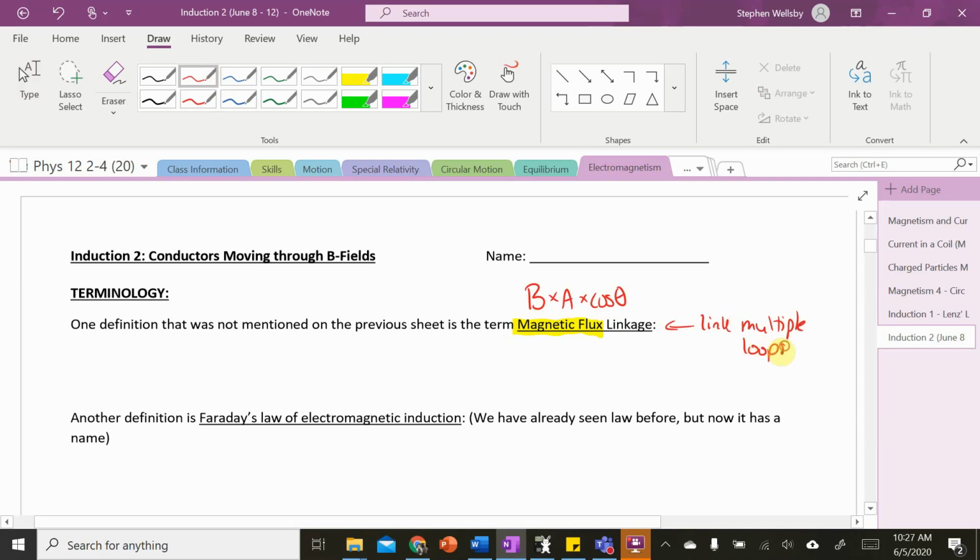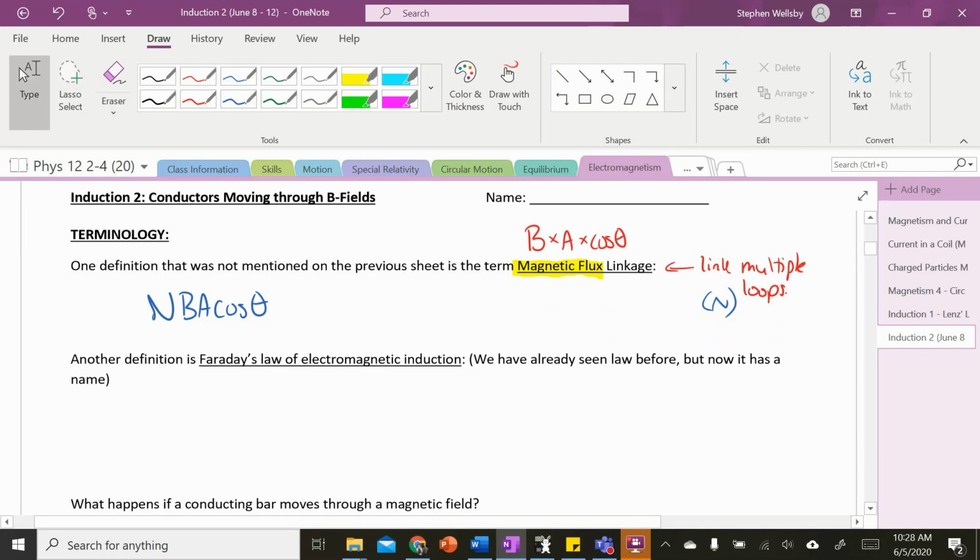In other words, we're looking at coils, multiple coils or solenoids. And so the formula is just the same as before, but we're adding in the N. So where magnetic flux is BA cos theta, magnetic flux linkage is NBA cos theta. So just one new term for us, because it might come up in the video or in the questions.